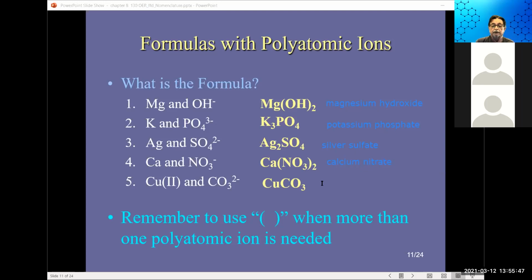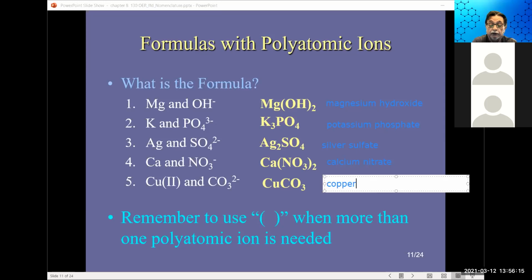And finally, what about the CuCO3? What do you think? Copper 2 carbonate. Very good.